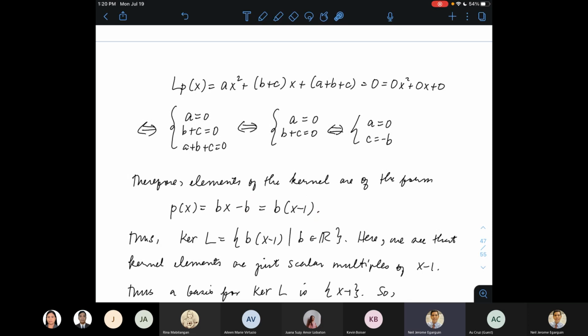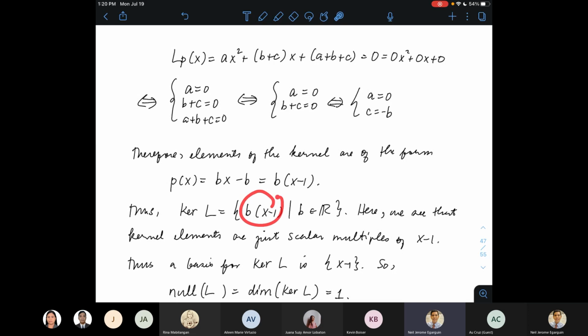So that's how we got this. Okay, and so the kernel can be written in this form. Siya lamang ay b times (x minus 1) for any real number b. And at this point, it is clear to see that the kernel is any scalar multiple of x minus 1.